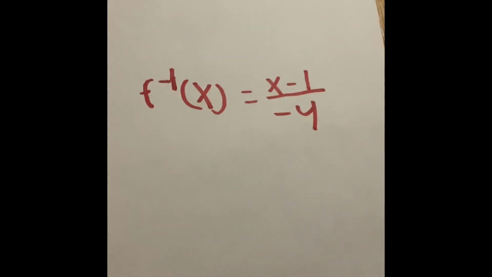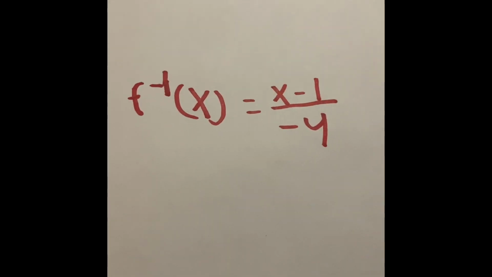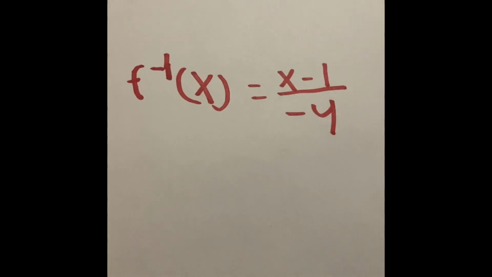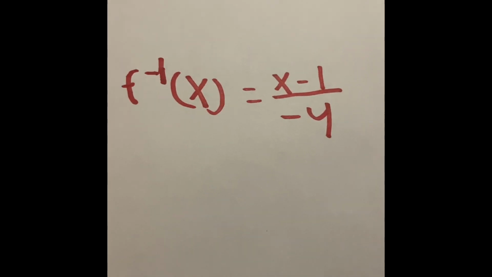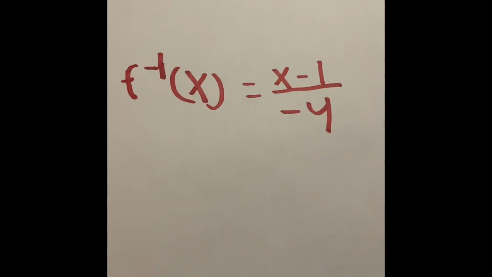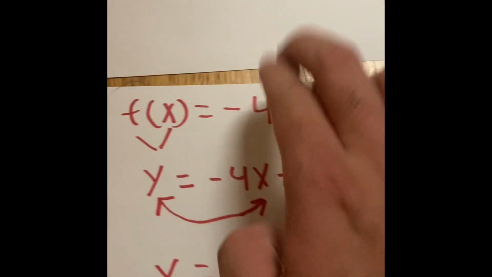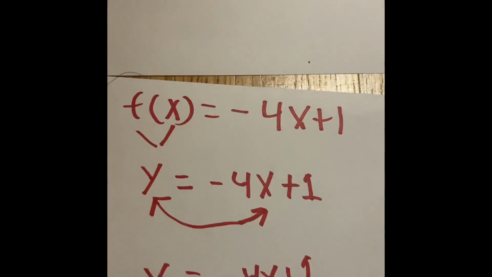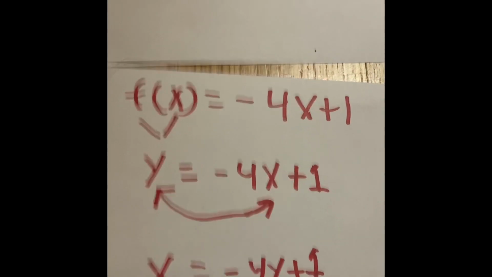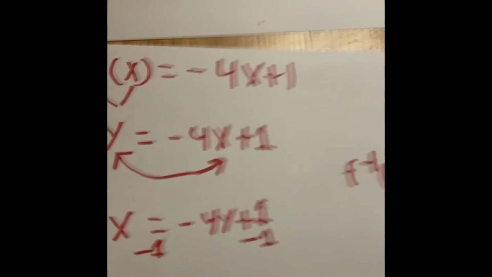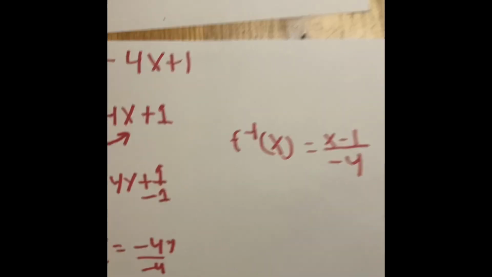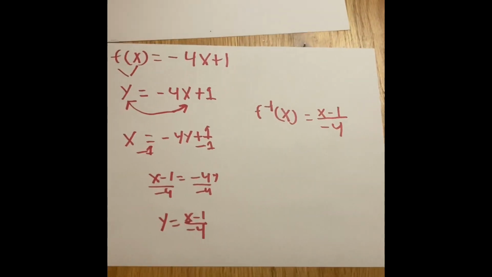Having something that looks like this, where it's x minus a number divided by a number, is common when calculating an inverse function. If you put these together and do the composition of functions, they would both equal x, which means they are inverses. It's a way to double check your work.